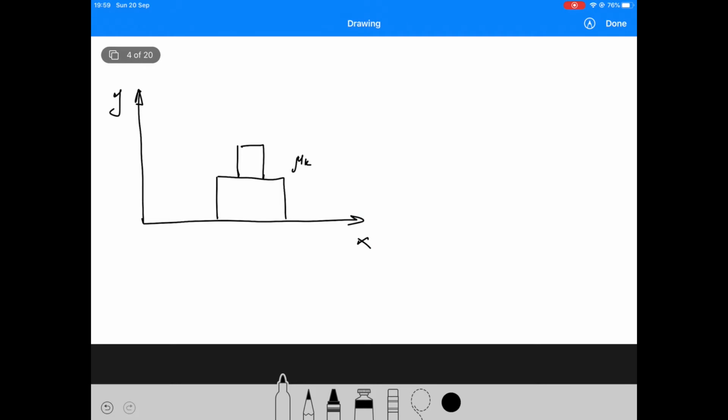So this top body mass is m and the bottom one is capital M. So both of these bodies are connected to a block with a massless and not stretchable rope, something like this.